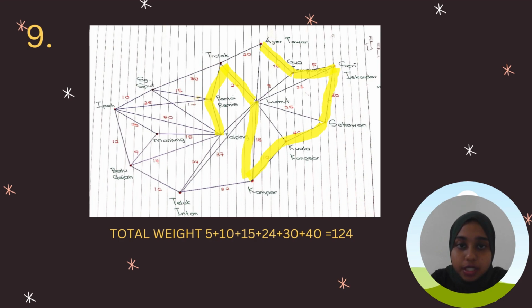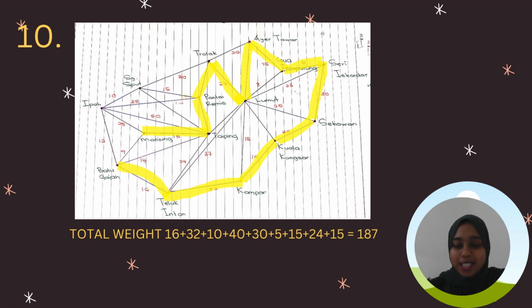So 5 represents Gua Tempurung to Sri Iskandar. 10 represents Kampar to Kuala Kangsar. 15 represents Air Tawar to Gua Tempurung. 24 represents Pantai Remis to Tolak. 30 represents Setiawan to Sri Iskandar. And finally 40 is Setiawan to Kuala Kangsar. So that equals 124.